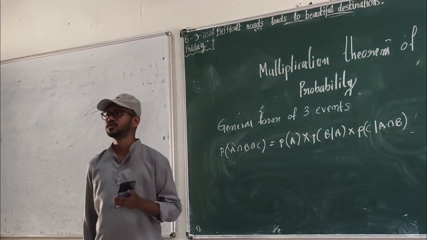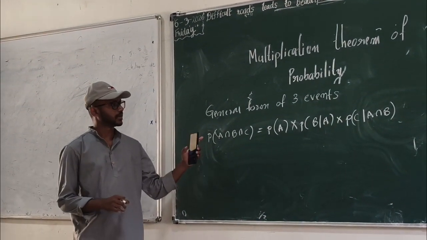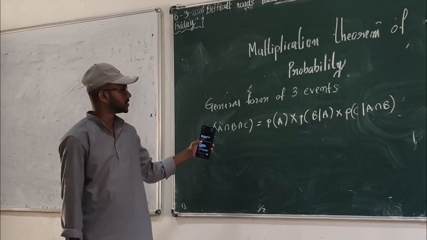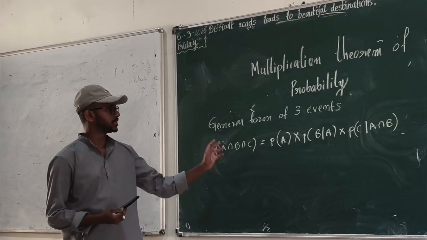This is the general form to find the probability for three events, that is, probability of A intersection B intersection C.